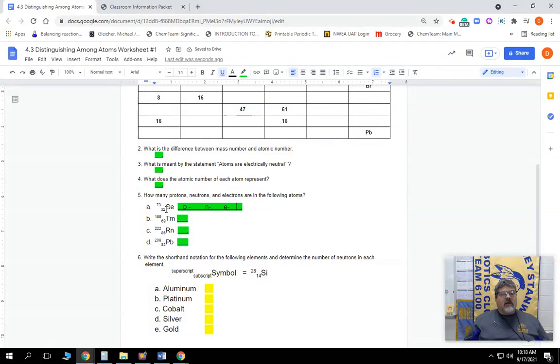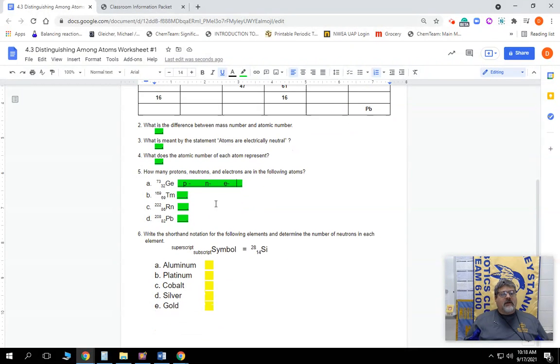The bottom number is the number of protons, which is the atomic number. The mass is the other one. If I subtract the two, that's going to give me the number of neutrons. Remember, the number of protons is always going to equal the number of electrons. So whatever I have for protons is going to equal electrons because these are neutral atoms.